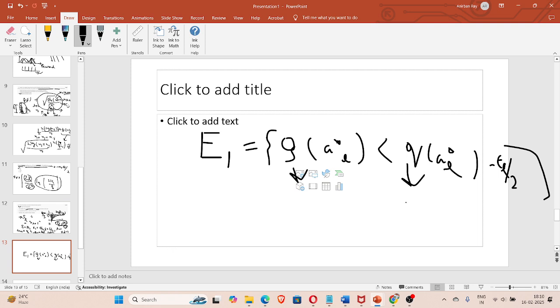So this Q star grossly underestimates the true value. Even after subtracting some amount, the true one is still greater than the estimated one, so they are nowhere close. The true one is much greater. So this is the situation we have here.